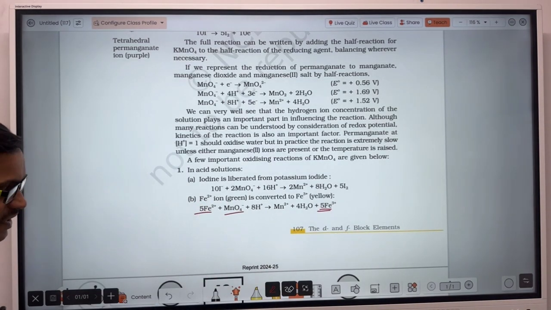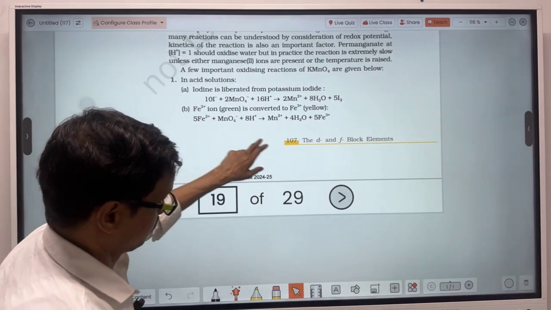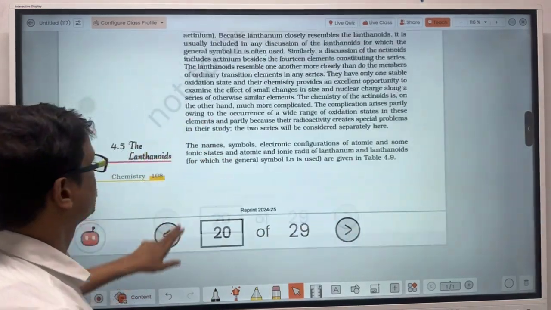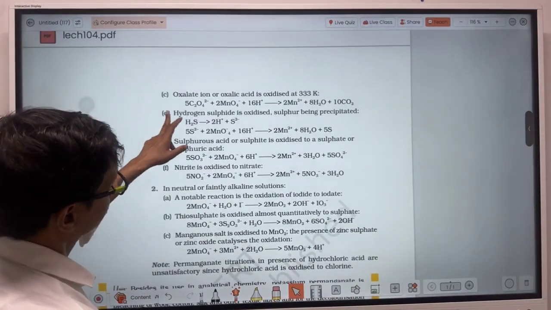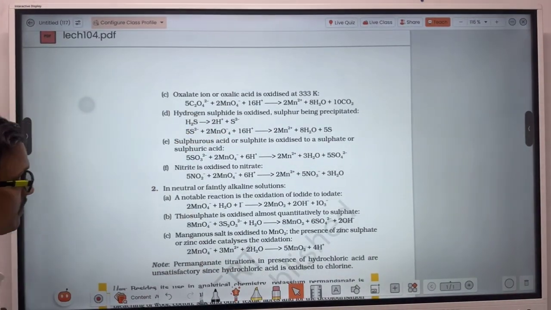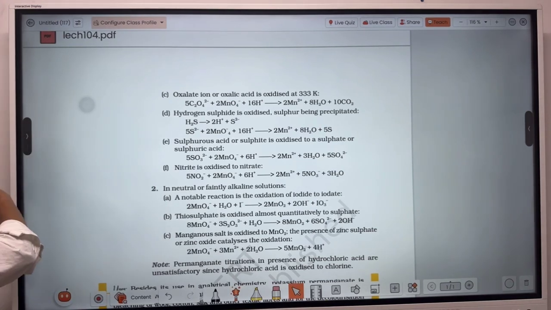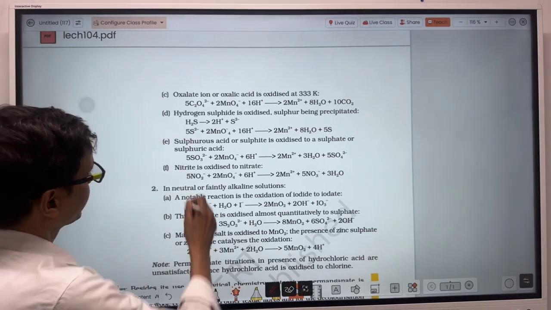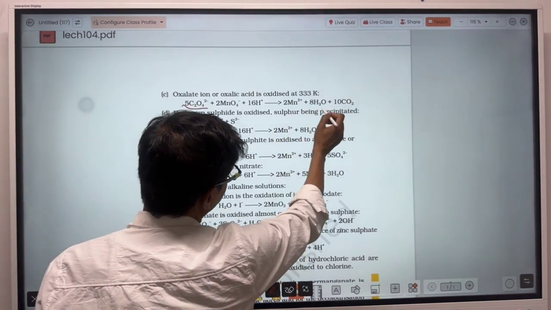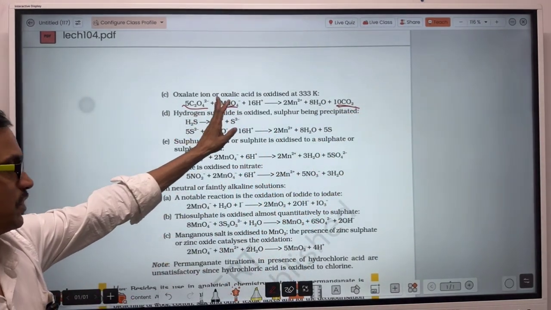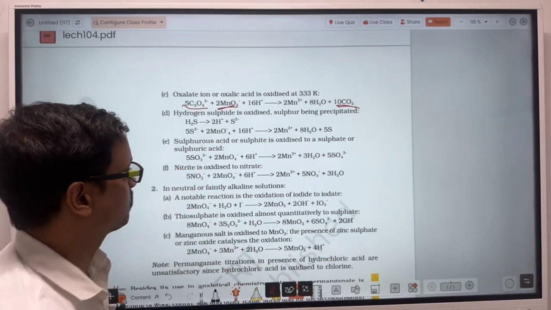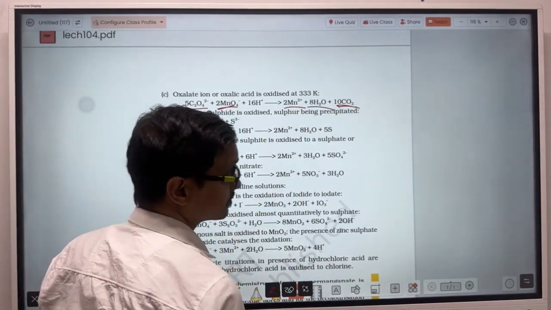For those not preparing for IIT Main or Advanced, only balance by considering the charge. Same here, you have studied the oxalate ion, which was oxidized into CO2, and KMnO4 is reduced to Mn2 plus, with the remaining water.